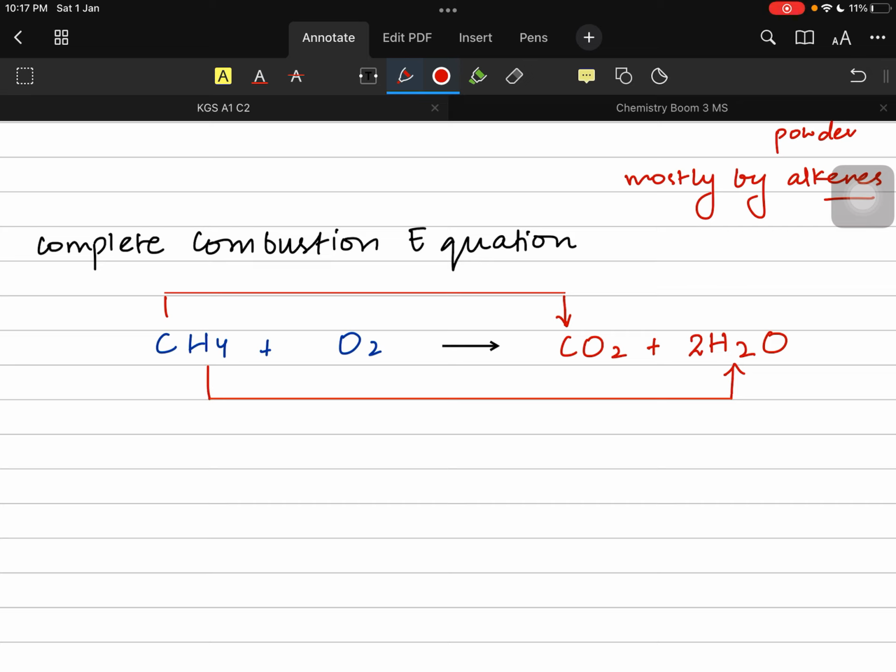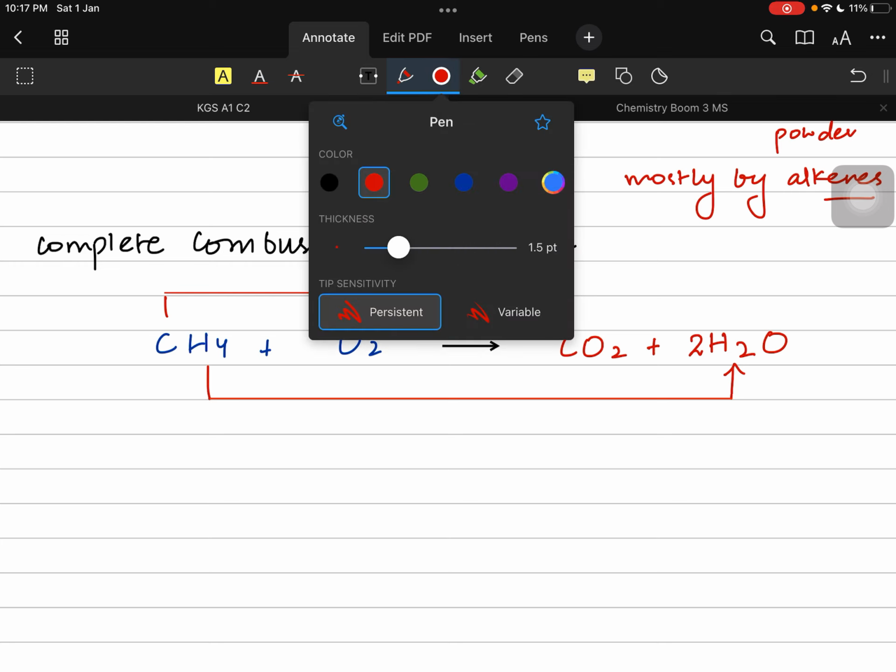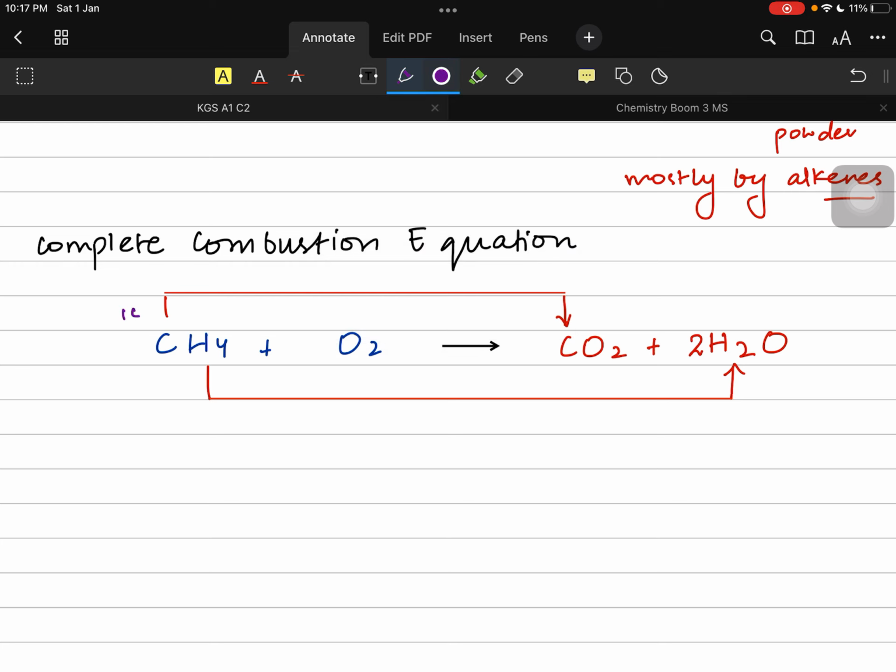Now it's a matter of counting the number of oxygen atoms, because one carbon gave 1 carbon dioxide and 4 hydrogen atoms gave 2 times 2, which is 4 hydrogen atoms in the water molecules. The question is how many oxygen atoms are used up.